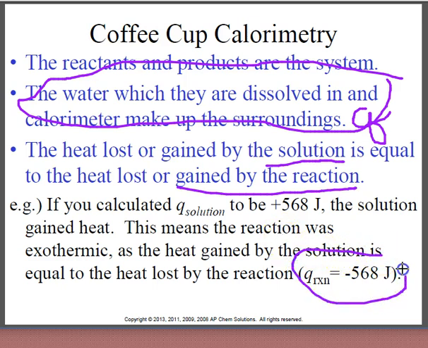We just flip the sign. And we keep in mind that if the solution is gaining the heat, the reaction or the system must be losing it. So that's exothermic. However, if the solution lost heat, that must mean the reaction or the system gained it, and so that would be endothermic. So when we find Q for the solution, we'll need to flip the sign to see the Q for the reaction.